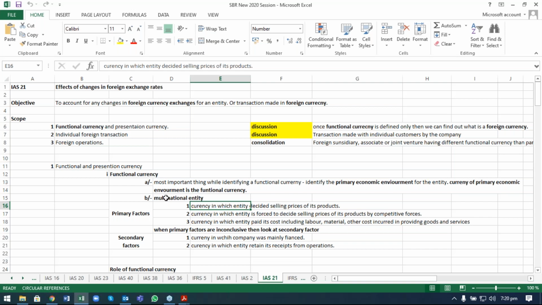The second criterion: if you are not able to find out in which currency you are deciding the selling price of your products, then you will identify the selling price based on competitor forces, the competitors who are setting the selling price.